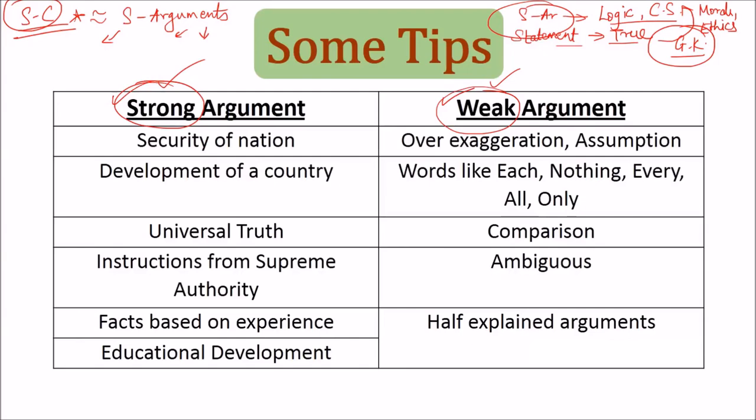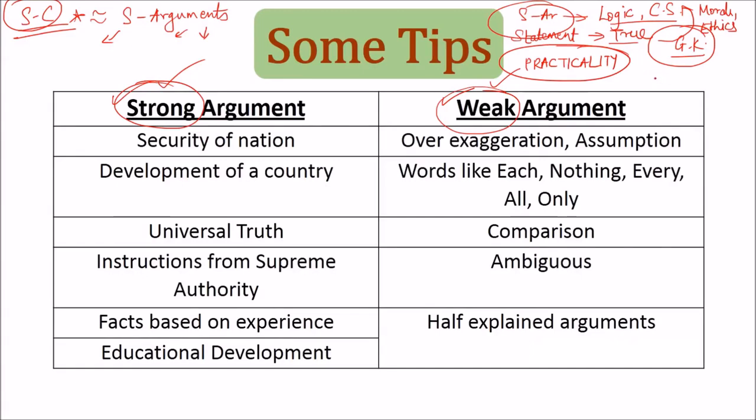Now coming to the most important point when it comes to statement and argument, it is practicality, okay. Whatever argument is there, that has to be practical, that has to be implementable. You cannot have anything arbitrarily. For example, if someone says the distance between USA and Japan is too high, so what to do?